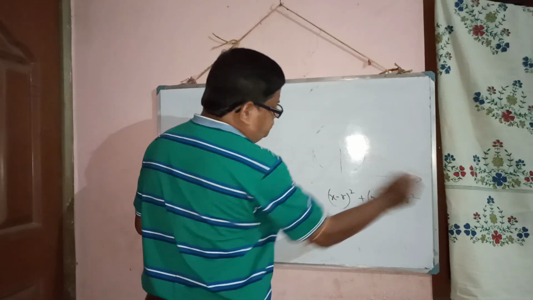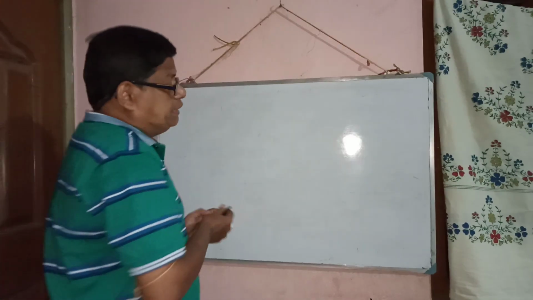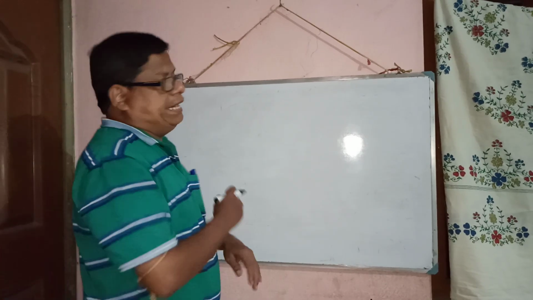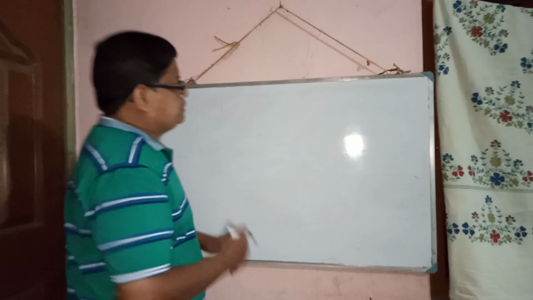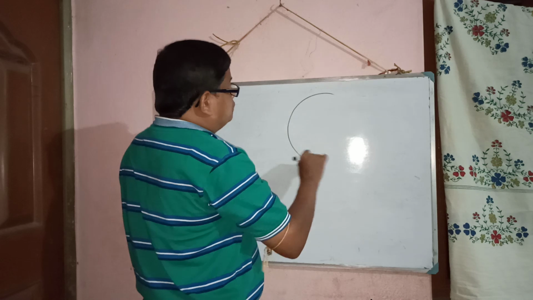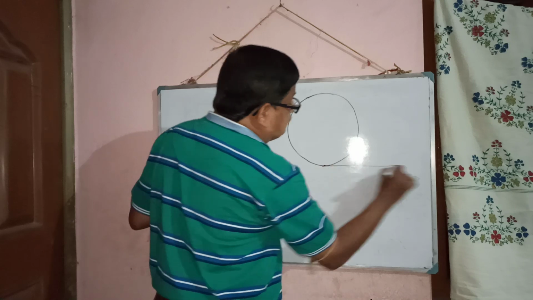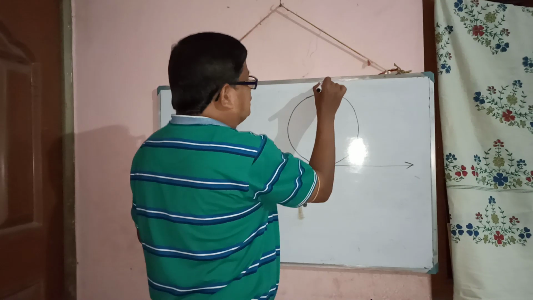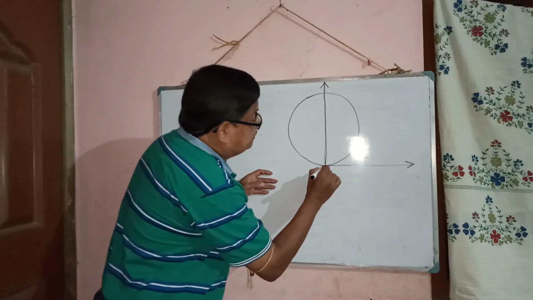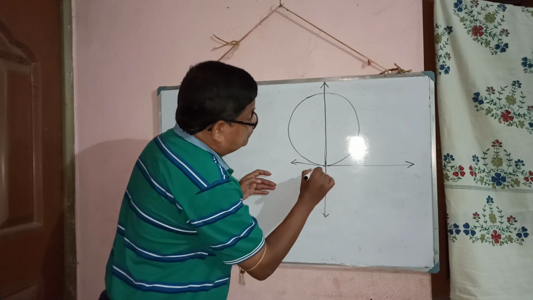See, again, if the circle touches the x-axis at the origin, this is the x-axis, this is the y-axis, and this is the origin, 0, 0.